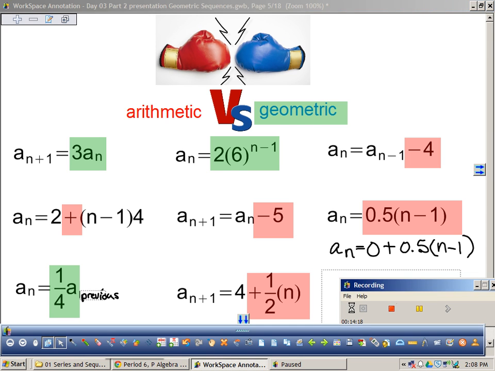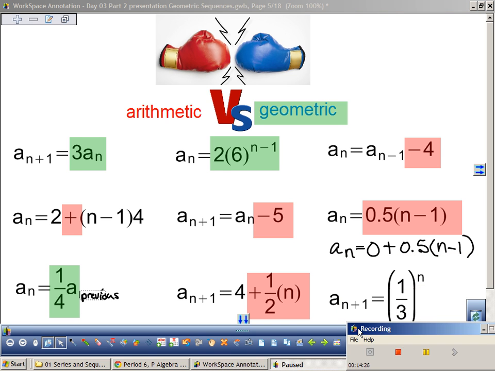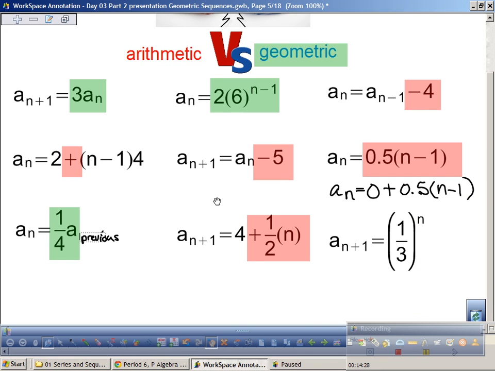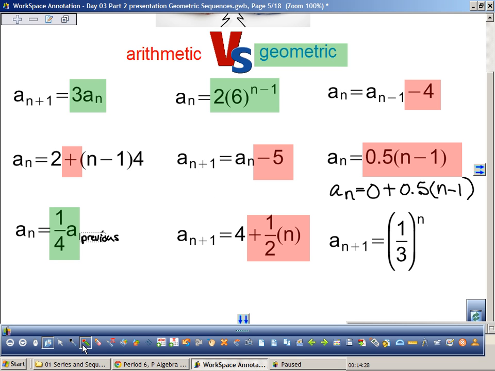And this one? I hope that didn't stop my recording. What do you guys think about that one? Okay, so I caught you in the same trap on that one. Look at what it looks like over here. Which one does it look like? The orange or the blue?